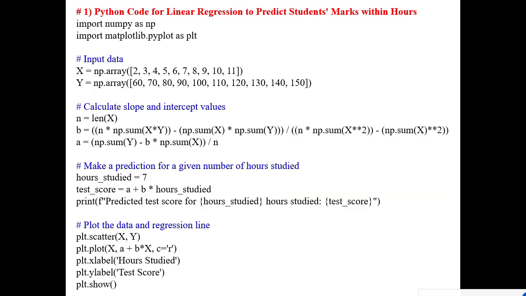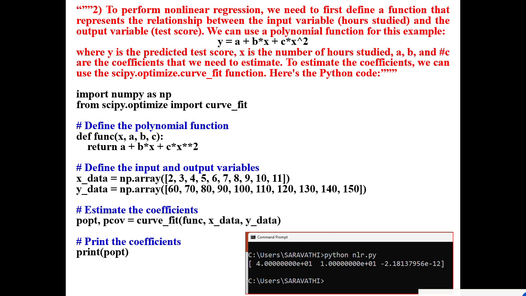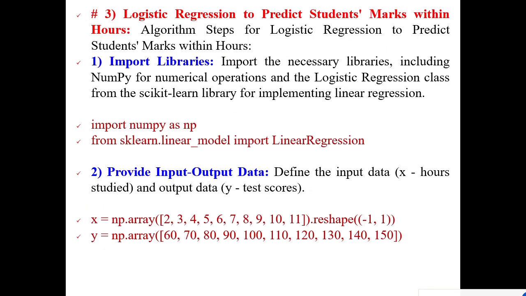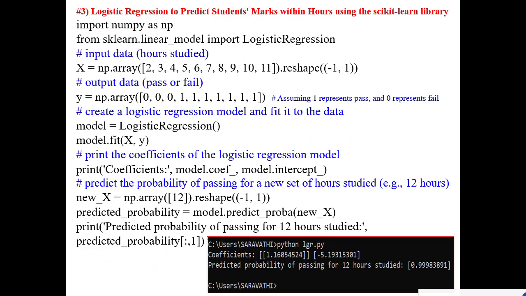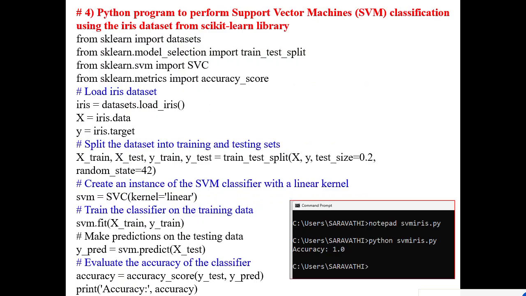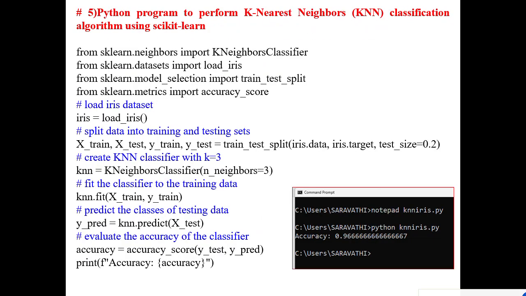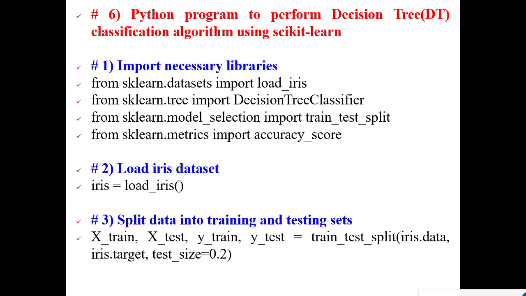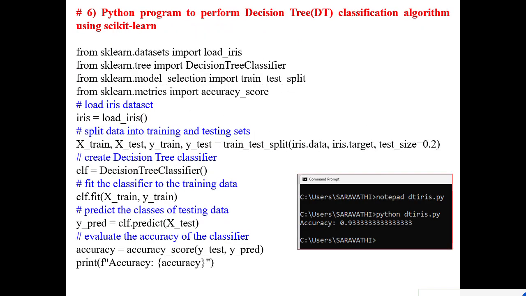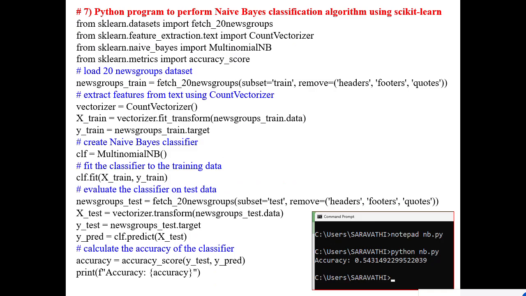Linear regression application, then non-linear regression application, then logistic regression application, then support vector machine, then k nearest neighbor algorithm with program, decision tree, then naive Bayes classification algorithm, followed by the program using scikit-learn.